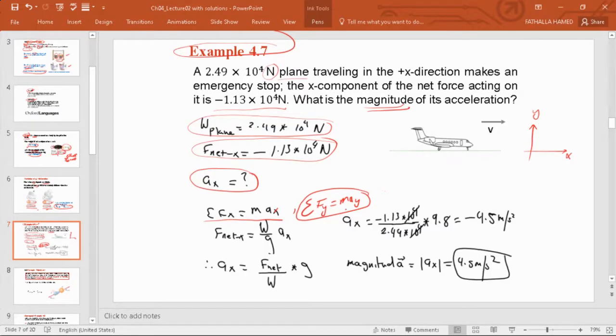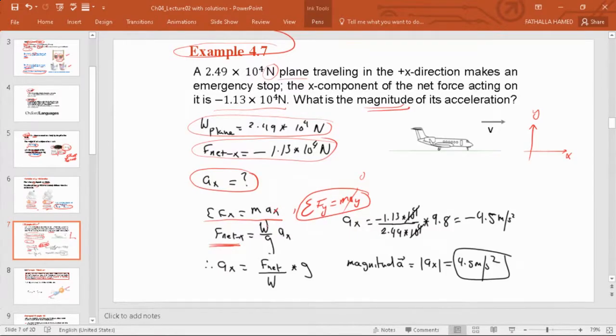It's only moving along the positive x-axis, and that's why it's 0 here. So we're concentrating on the net force along the x-axis. And the only force that we have along the x-axis is the given net force, which is equal to minus 1.13 times 10 to the 4 newtons. This should equal max.